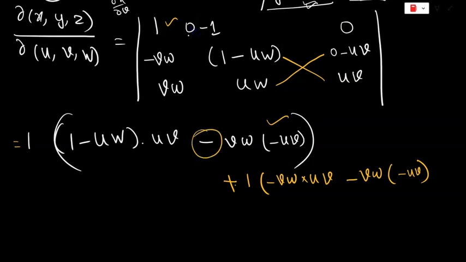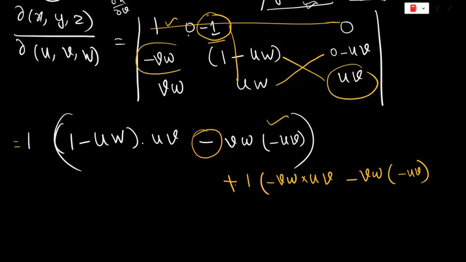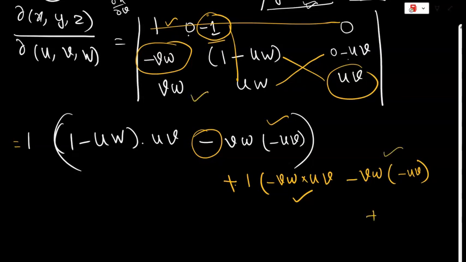Again, minus of the second thing is minus of minus 1, so minus of minus 1 will become plus 1. Now, if you cross this row and this column, what you will get? uv into minus vw. That is what we have written, minus vw into minus uv. Last 0 into anything which is 0, so no issues.